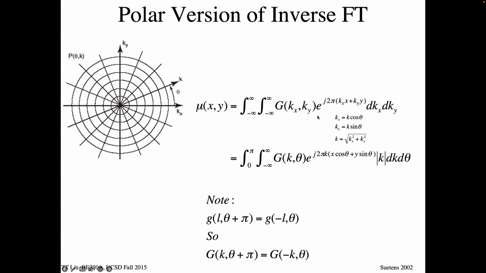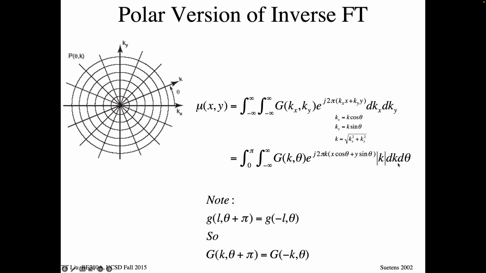To take the inverse Fourier transform of this to get mu(x, y), because our data is in polar coordinates, we transform the Fourier transform into polar coordinates.